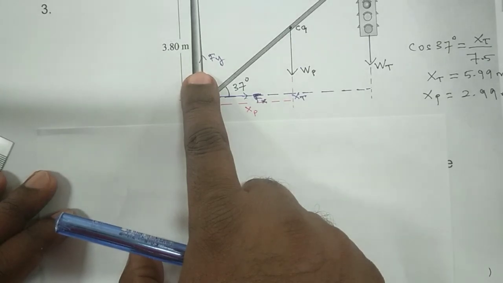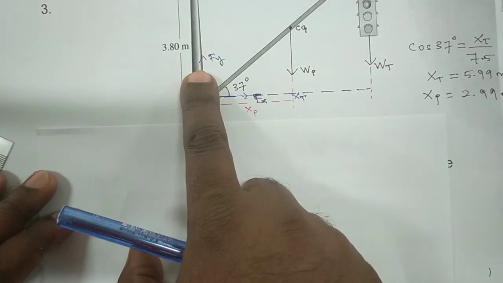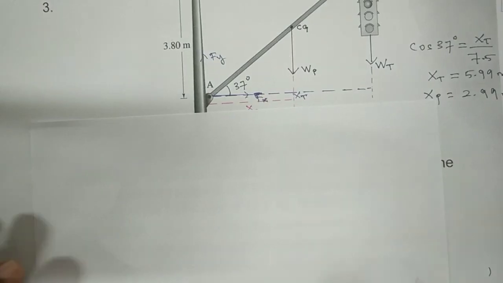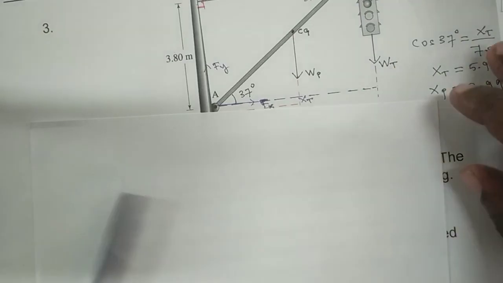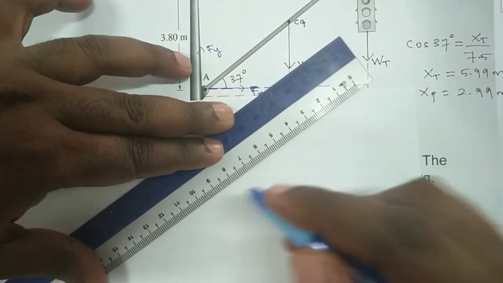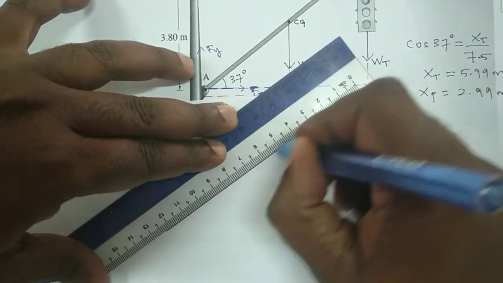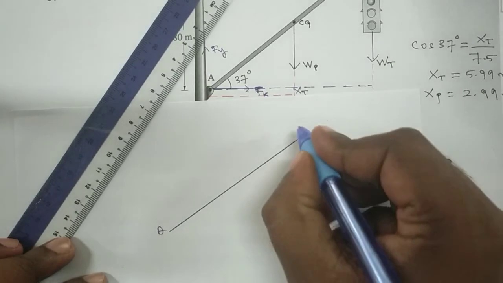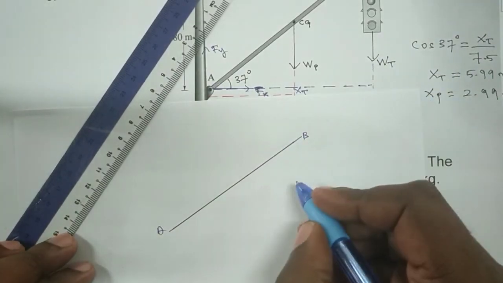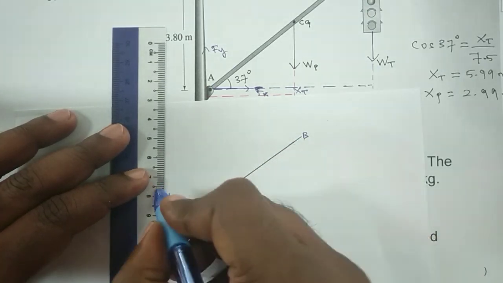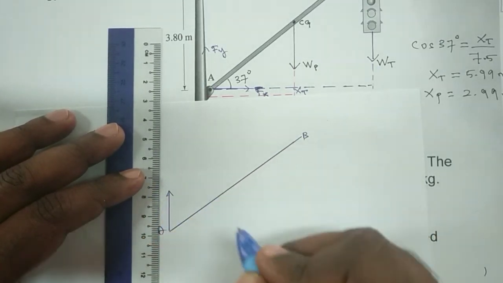For the vertical component, we can draw the free body diagram to show all the forces acting vertically. So this is the pole AB. So the vertical force is Fy.